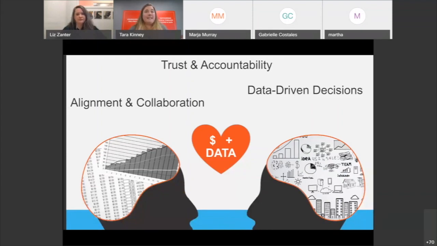Because trust and accountability occurs when we have good KPIs. When our team can make data-driven decisions, we are aligned, and we can collaborate for good decisions on behalf of our company and on behalf of our people. Because at the end of the day, everybody in every single role loves data. They love knowing what they're doing. They love being confident in their decisions.